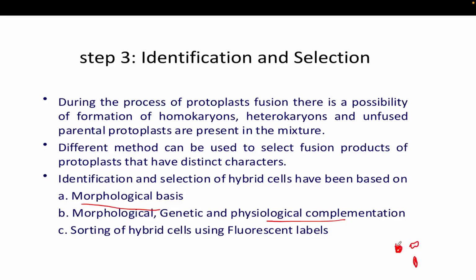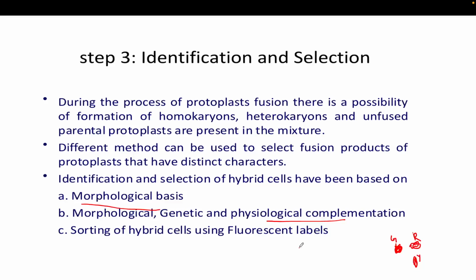Suppose you label this cell with green fluorescent color, and this one with red fluorescent color. After fusing, these two colors will give you yellow. By looking at the yellow color you can say this is my desired hybrid cell. This is the most common and most positive approach to selecting the hybrid protoplast or somatic hybrid.